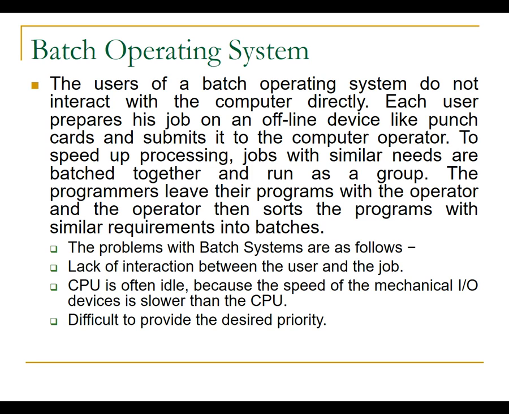Say for example, the user has 3 tasks, 1, 2 and 3. Task 3 is very important. They have submitted all these 3 tasks to the computer operator. The computer operator doesn't know the priority task, and has written all these 3 tasks not in sequence. That means the first execution is task number 2, then 1 and then 3.